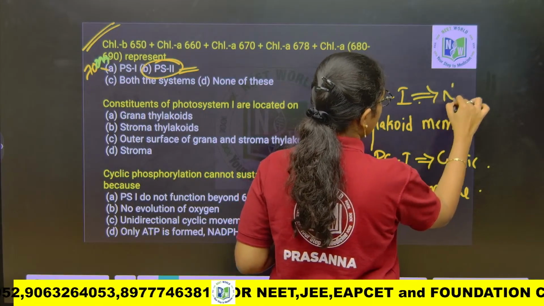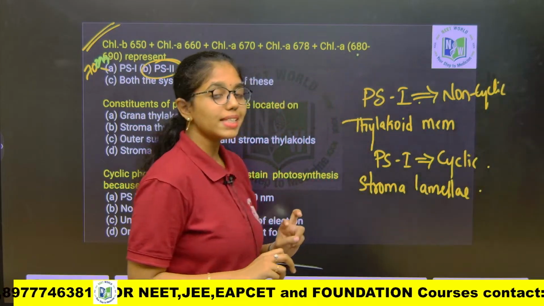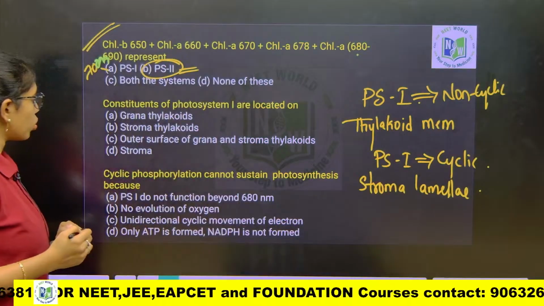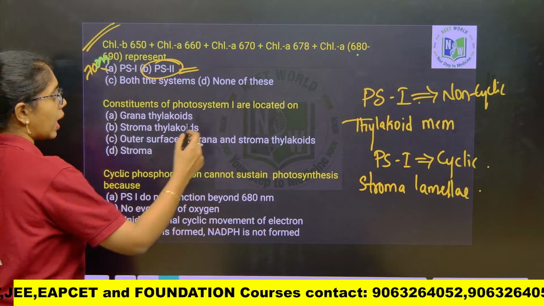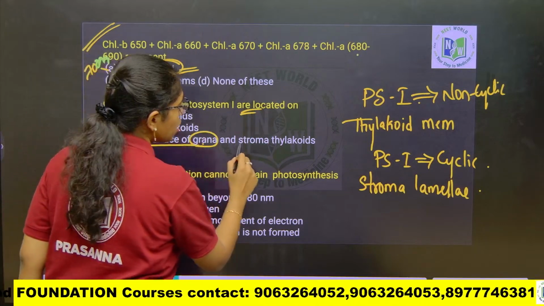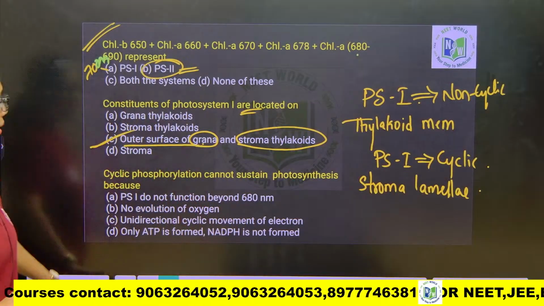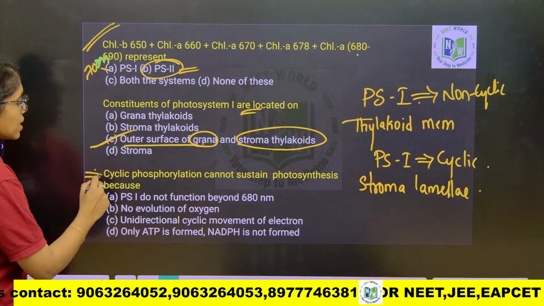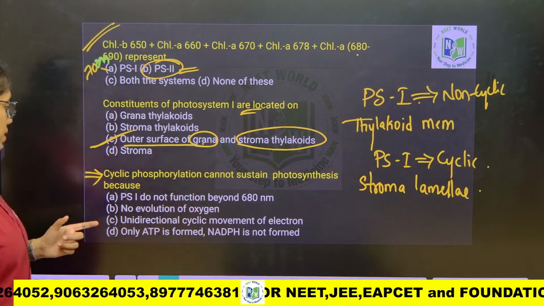So, yes, PS1 is present both in cyclic and non-cyclic photophosphorylation. Constituents of PS1 are located on outer surface of grana and stroma thylakoids, that is option C, right. Next question you look into, cyclic photophosphorylation cannot sustain photosynthesis.